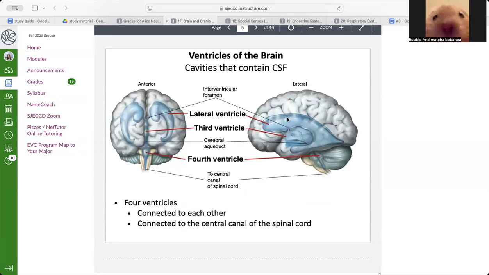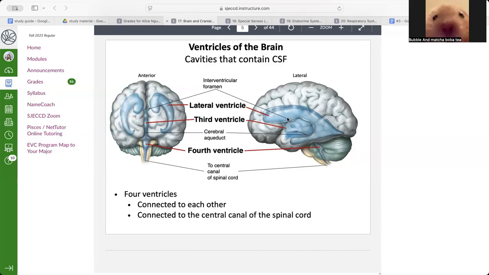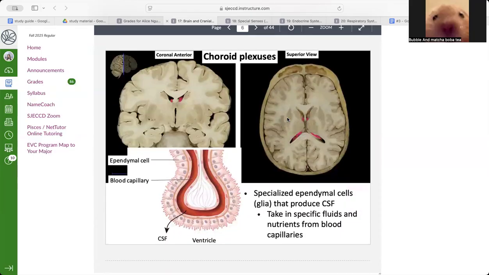So we have ventricles. Four ventricles. Two lateral ventricles are connected by the interventricular foramen to the third ventricle in the middle, which then passes on to the cerebral aqueduct. We also have choroid plexuses.